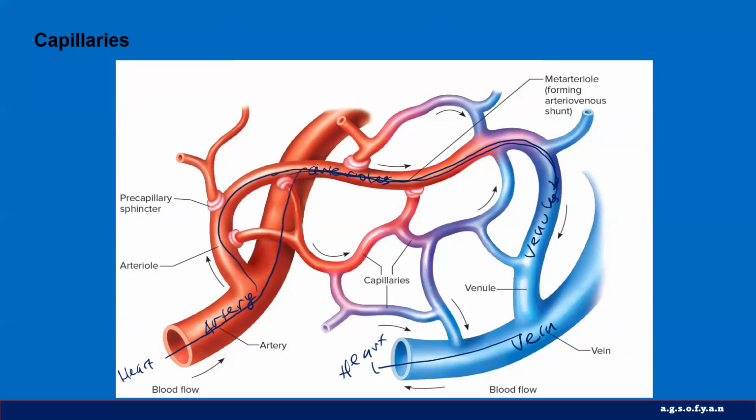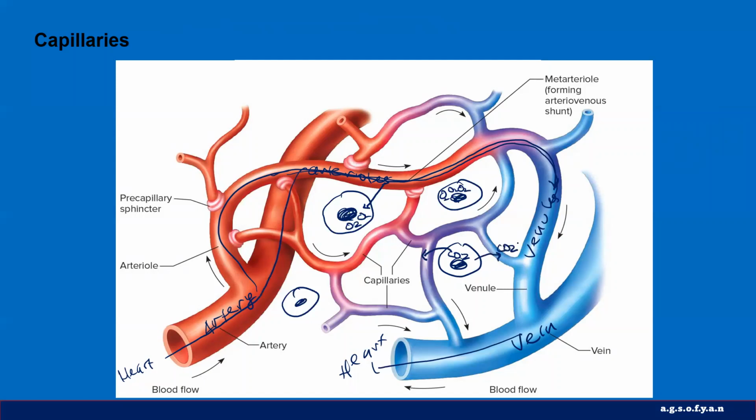And around this, there is going to be a cell. So this is our cell. On the arterial side, oxygen will be released and enter the cell. Our cell is going to use this oxygen to make ATP, and then the cell will produce carbon dioxide, and the carbon dioxide will go back to the blood vessel on the venule side.